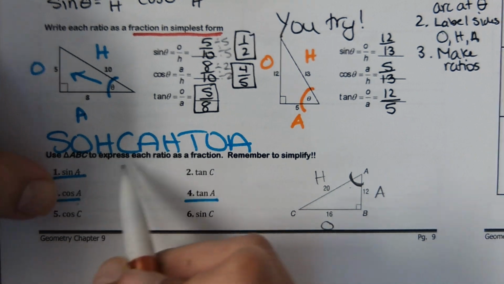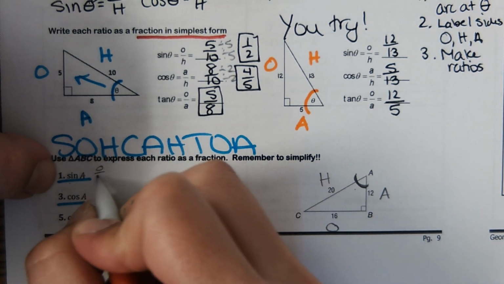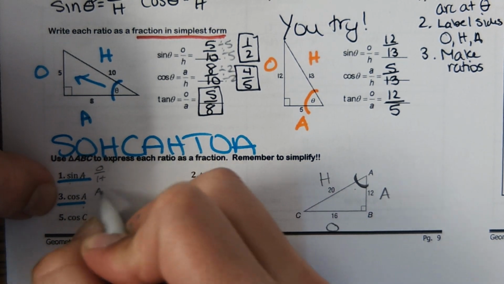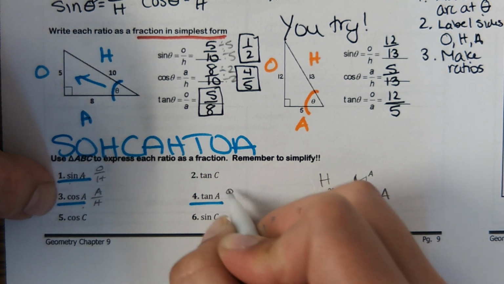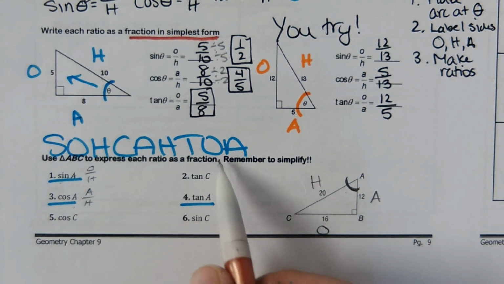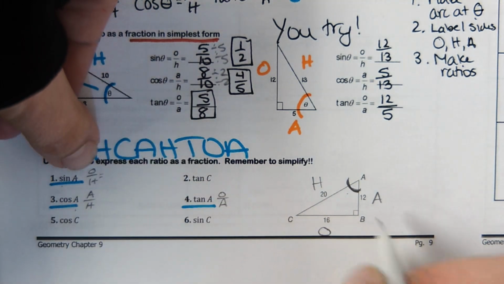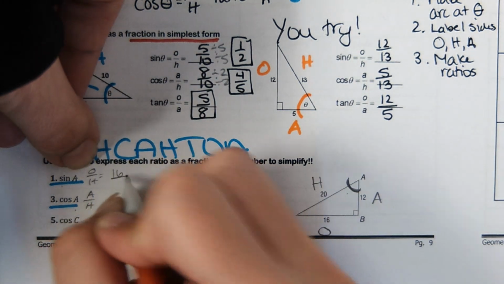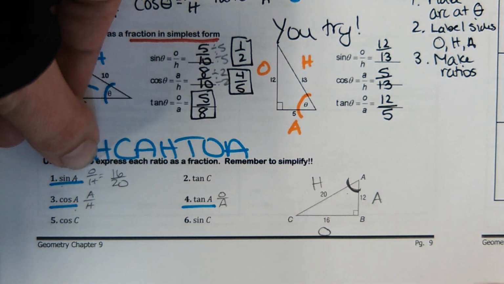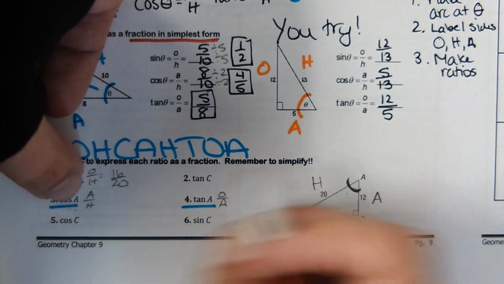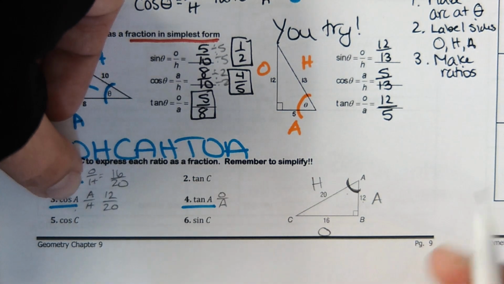And then using SOHCAHTOA, sine is O over H, cosine is A over H, and tangent is O over A. And I just use this. And then I can put my numbers together. So O over H would be 16 over 20. A over H, 12 over 20.